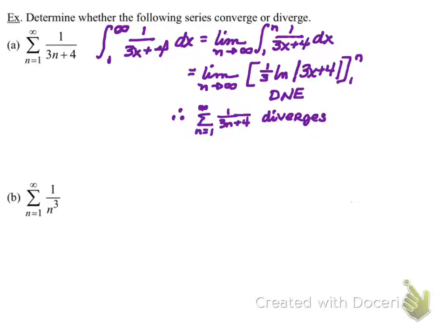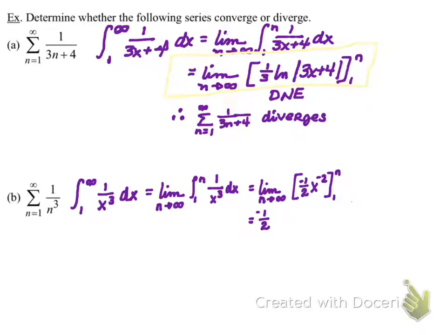And if you're having trouble seeing how I integrated this, go ahead and pause the recording and try some u-substitution. But most of you should be able to see that, I hope.